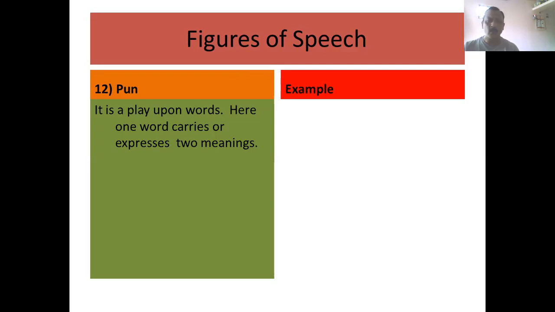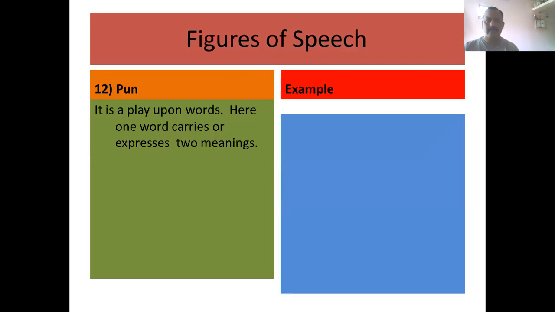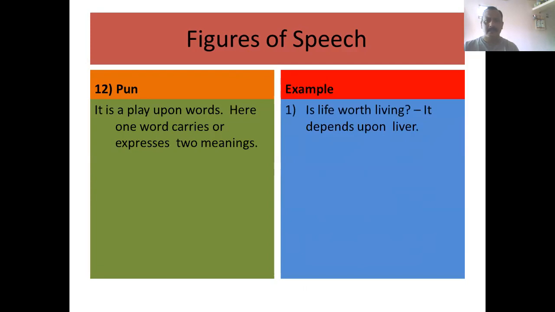So carry has different meanings. Like this, one word with two meanings is there. At that time it is called pun. Is life worth living? It depends upon the liver.